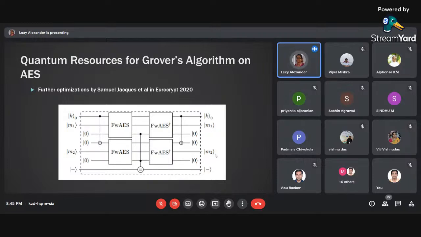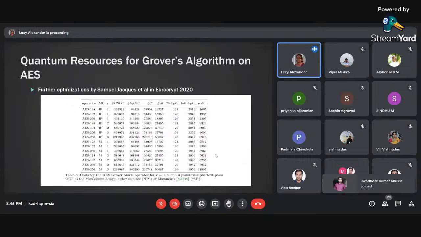But mainly for MixColumns and S-box, many other optimized implementations came out, and people started using them. So here they have reduced the gate count by so much. They tried combinations of many things.